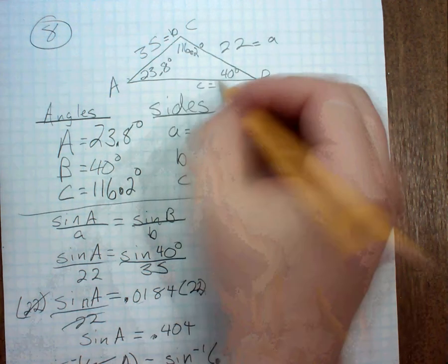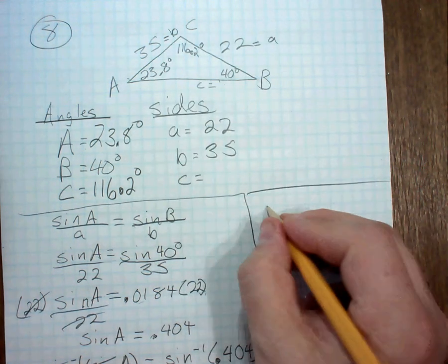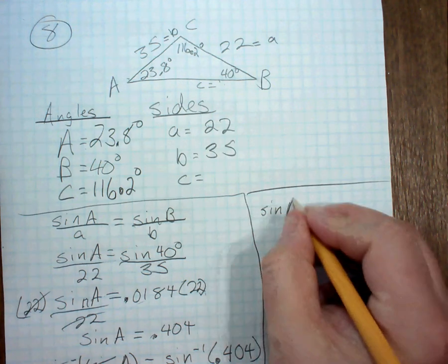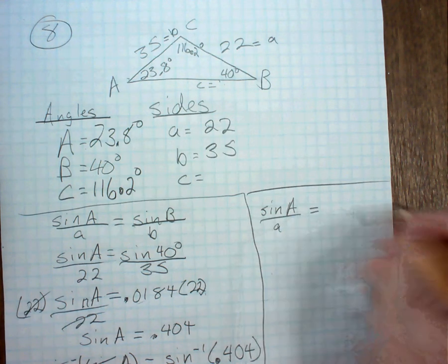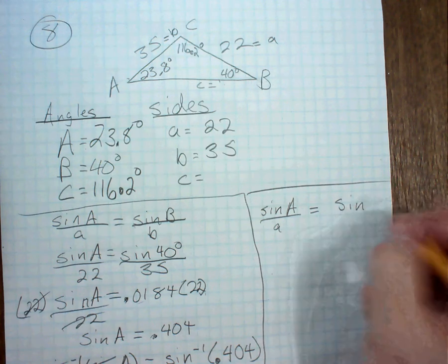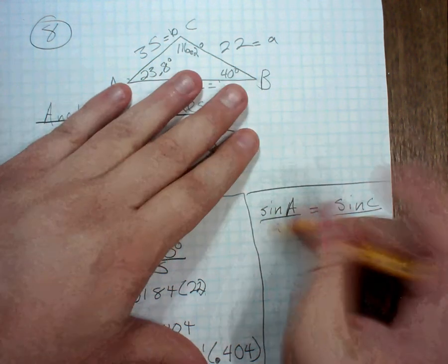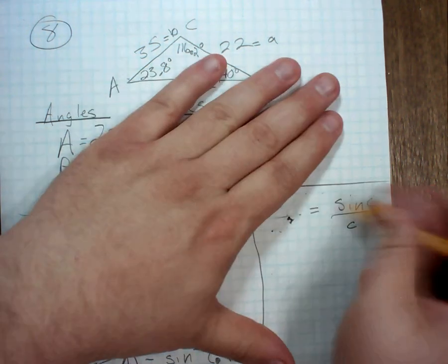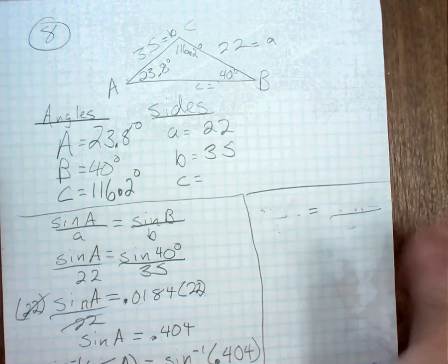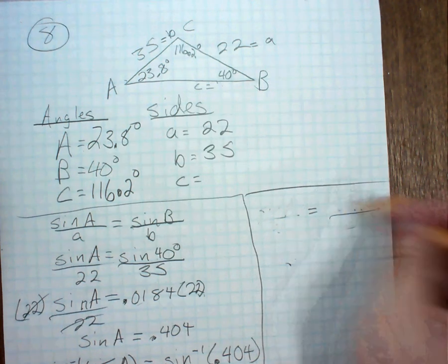Now to find lowercase c, I'm just going to say sine of A over lowercase a is equal to sine of C over lowercase c. Actually, let's flip-flop that because I'm solving for c. It's just easier if I put c in the top, that's all.